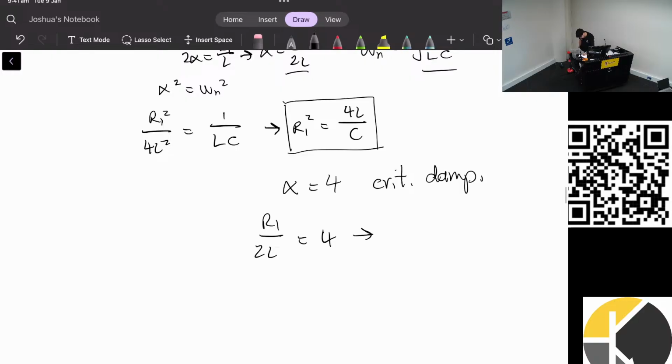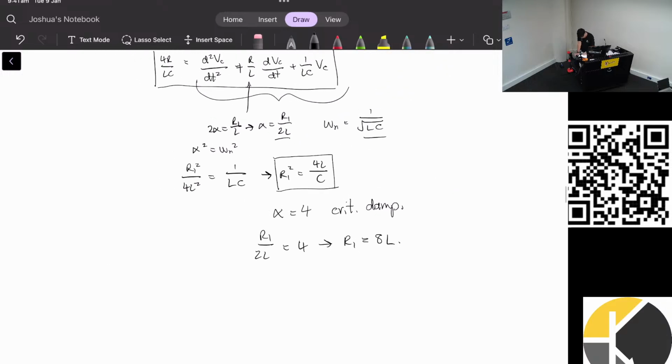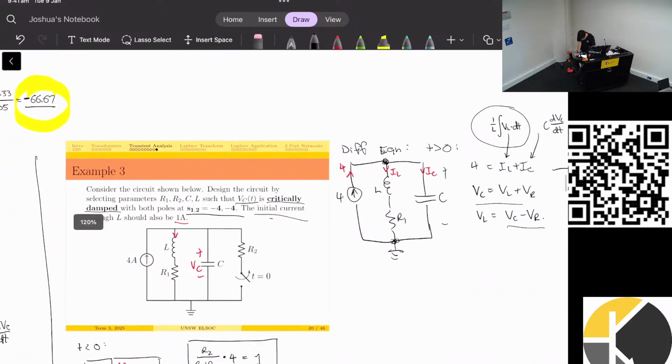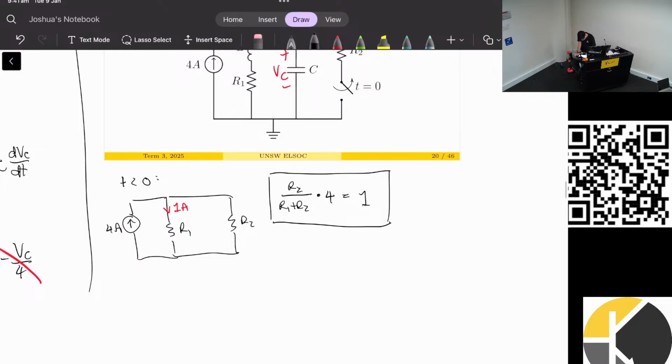So we want R1 to equal 8L. Okay, so these are all the equations we need. I'm going to write them again. So we have R1 squared equals 4L on C. We have R1 should equal 8L, and we have this one just above.